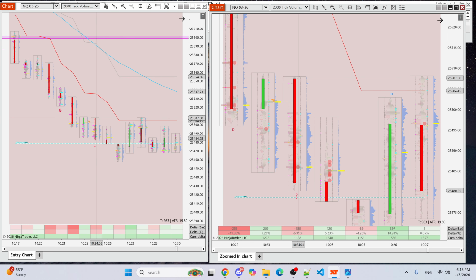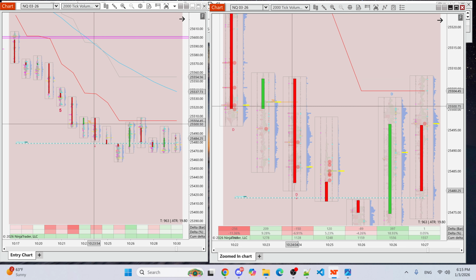But if there are no imbalances, it means the move was with conviction and the price is less likely to come back to these levels, at least not in the near future.